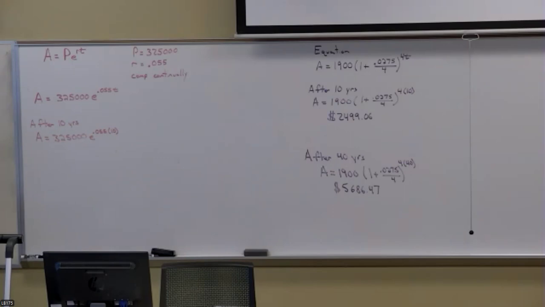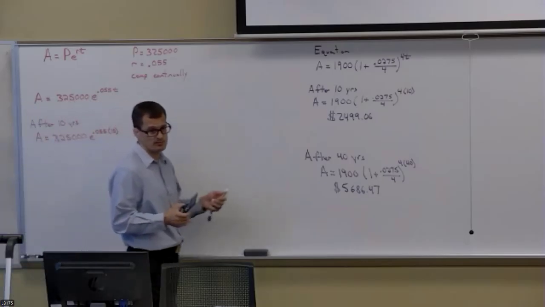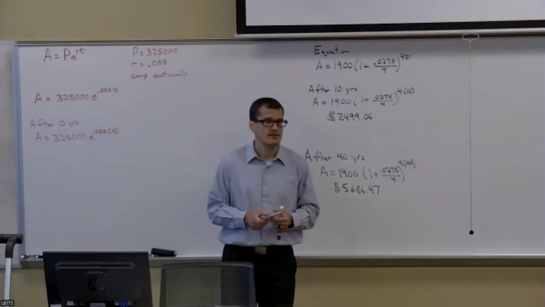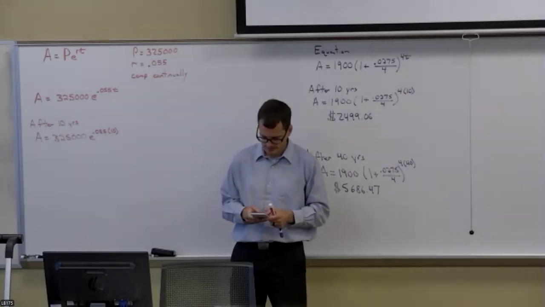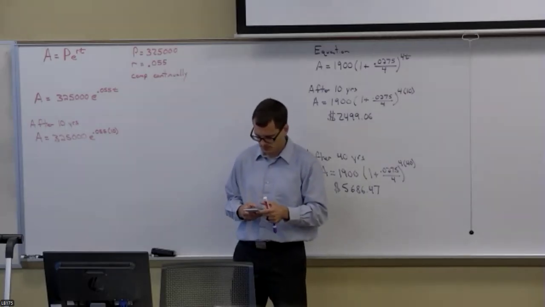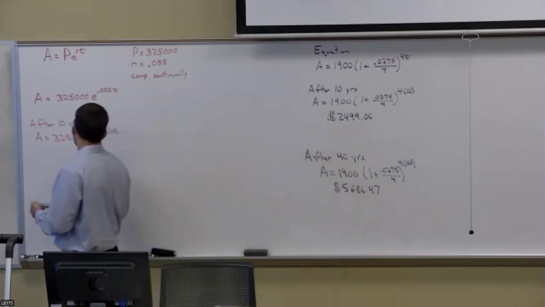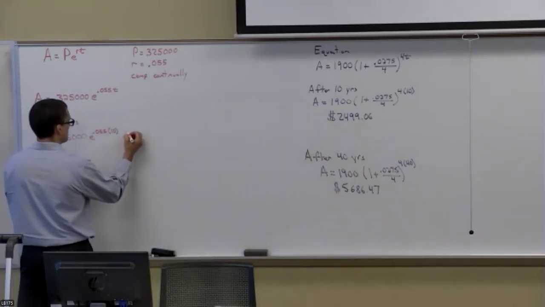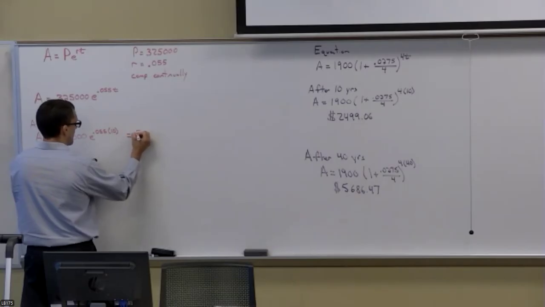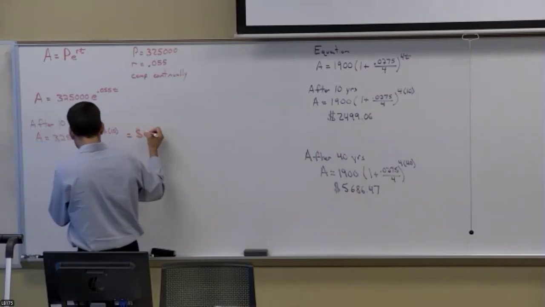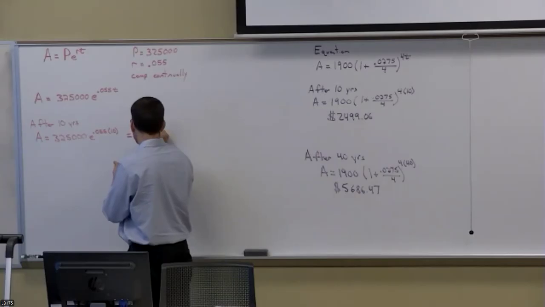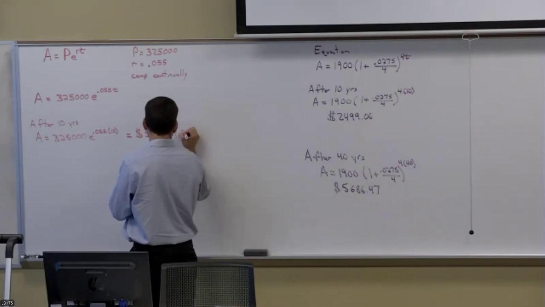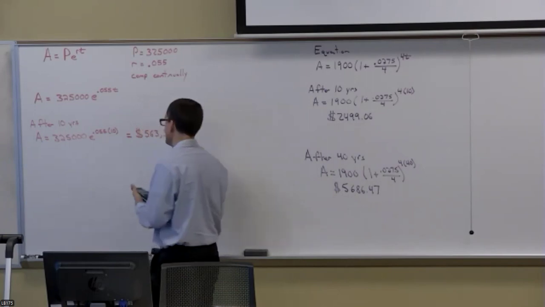I like using the second and then ln button because it already has the exponents built in. And so we get that after 10 years, this account will be worth $563,307.23 approximately.